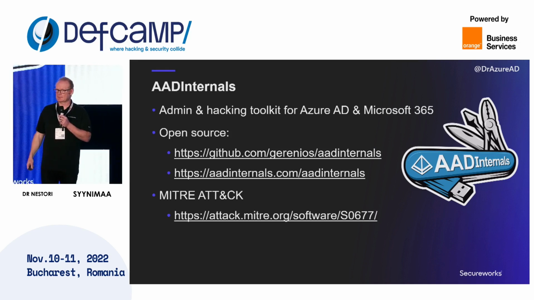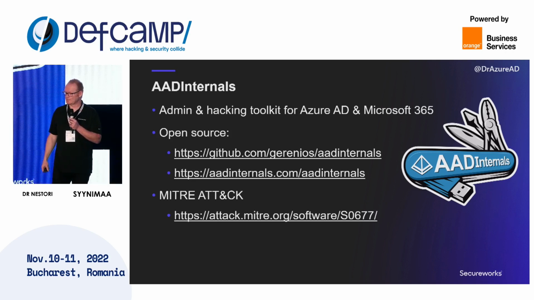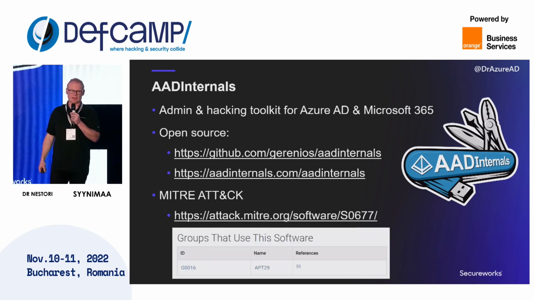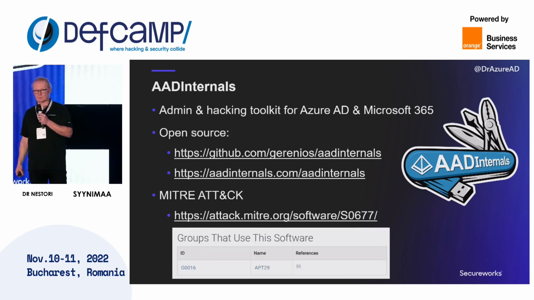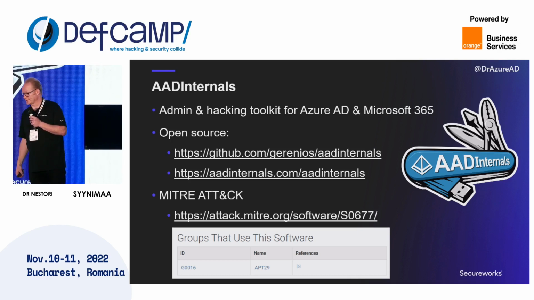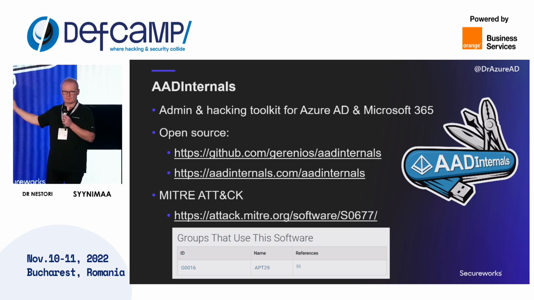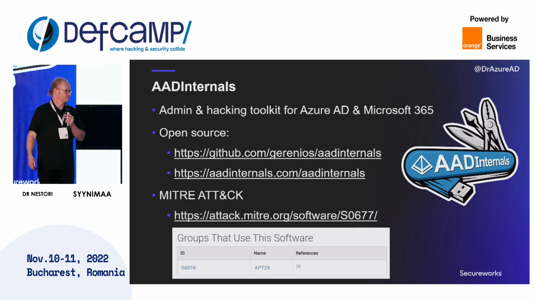It's been listed by MITRE ATT&CK since February this year as software S0677, and it has been used by groups like APT29, also known as Nobelium. We track them at Secureworks as IRON RITUAL, but it's the same organization. But they haven't paid me anything, any ransomware they got from this.